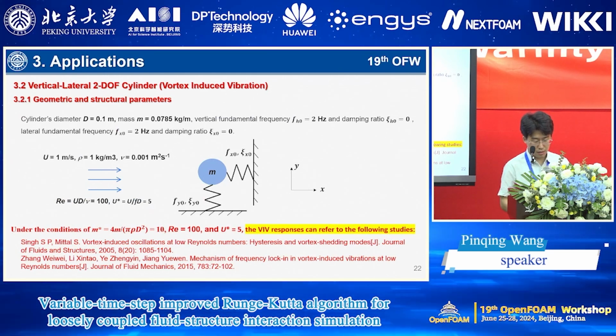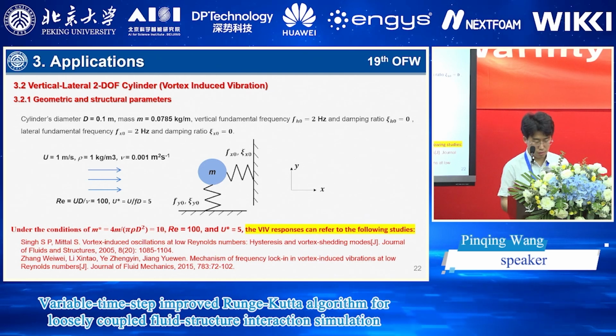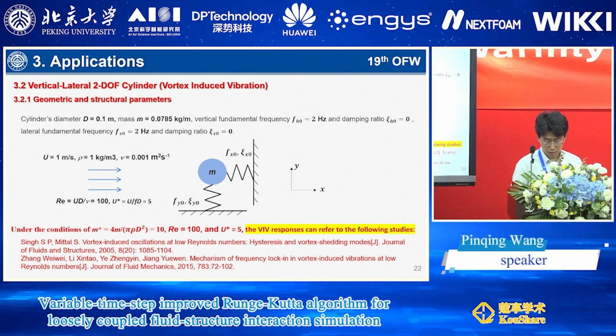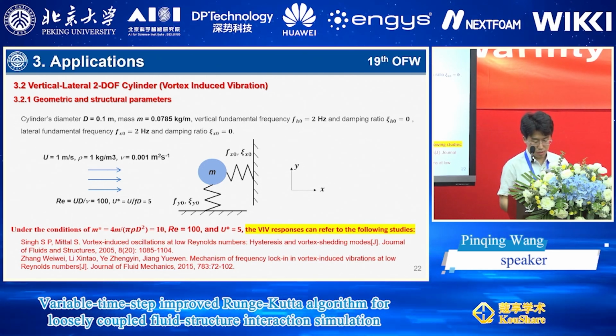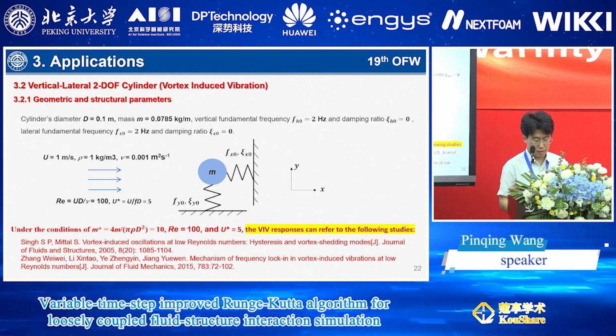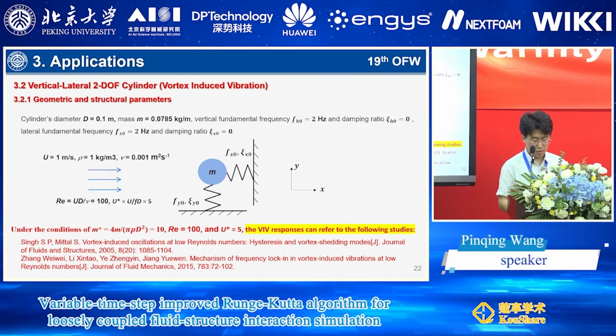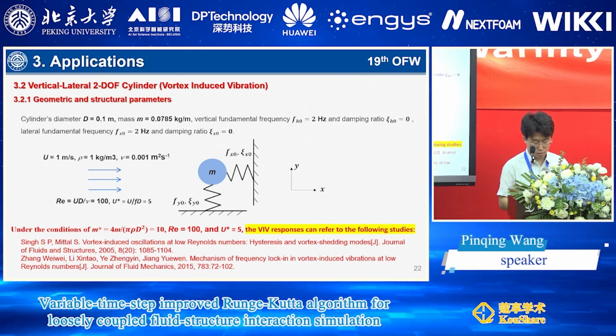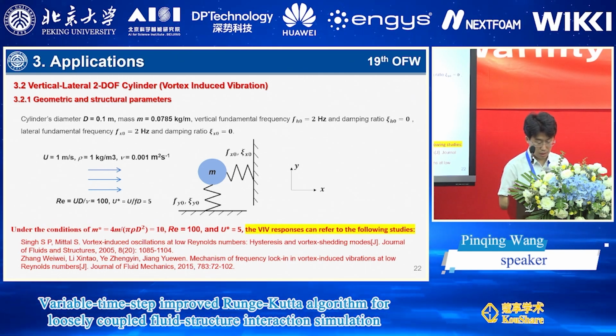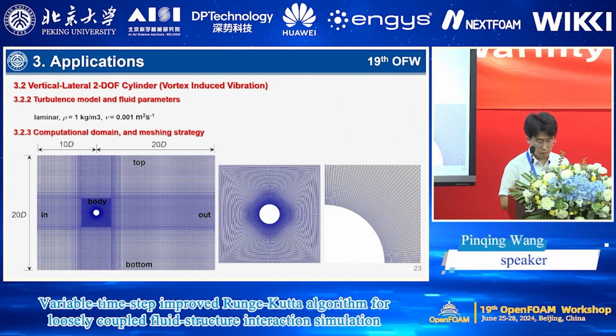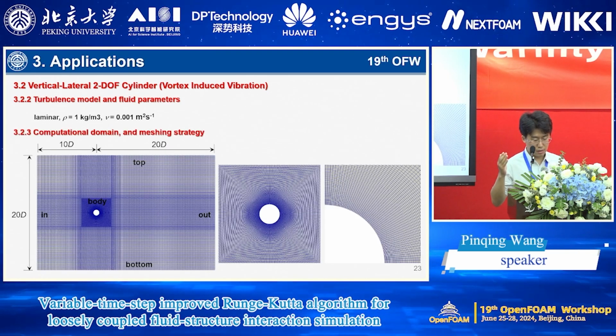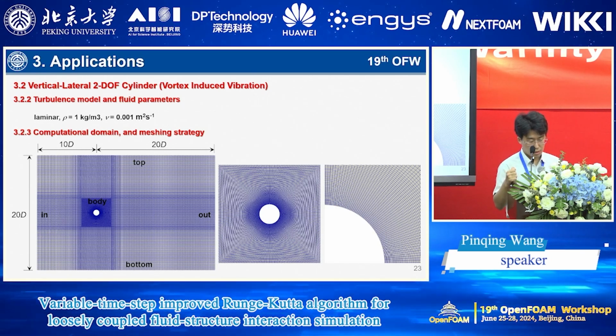Okay, another case is the vortex-induced vibration of a circular cylinder with lateral and vertical motion. The parameters are shown here: the dimensionless mass is 10, the reduced velocity is 5, and the Reynolds number is 100. To simulate this problem, we use laminar simulation, and the fluid parameters are shown above.